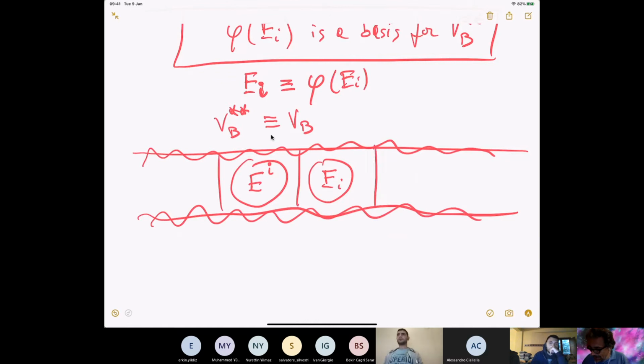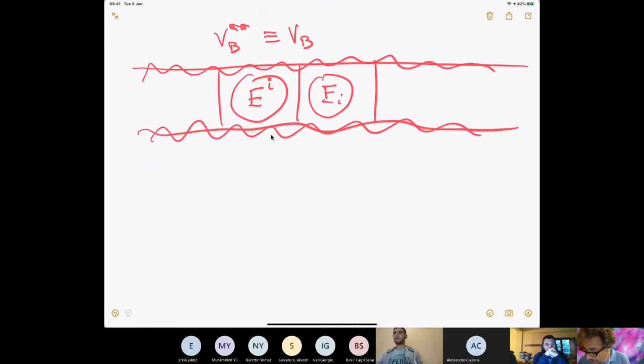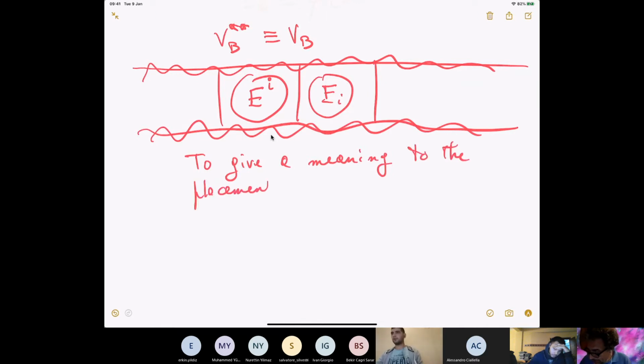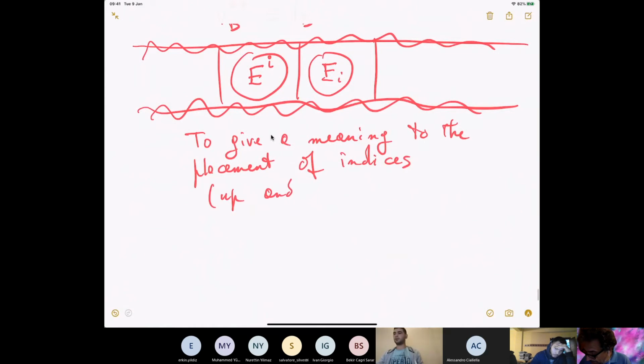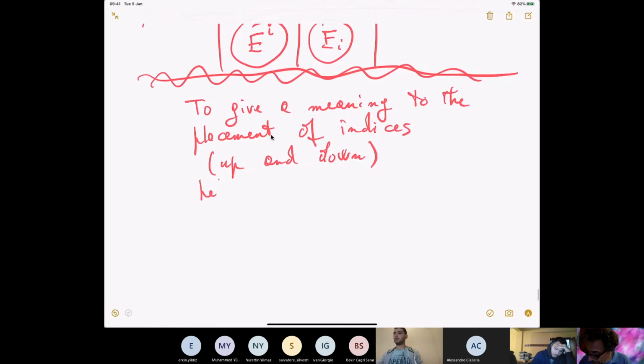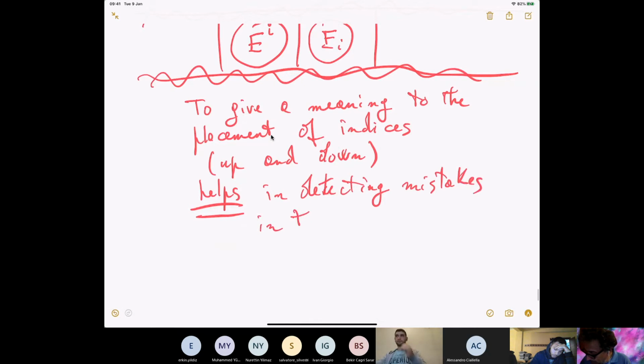So the localization, the placement of indices in our notation is essential, and I think that being able to place the indices in the right way and to give a meaning to the placement of indices, in particular up and down, helps in detecting mistakes in the formulas.